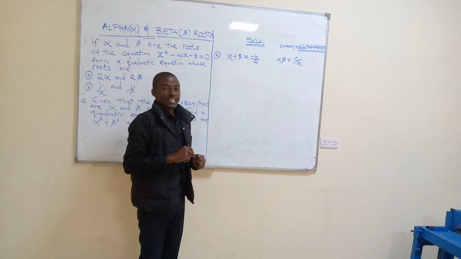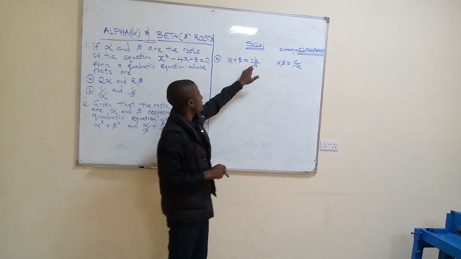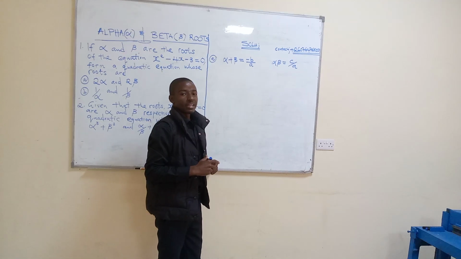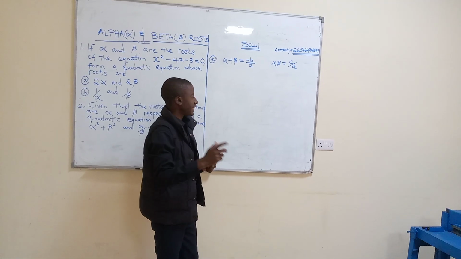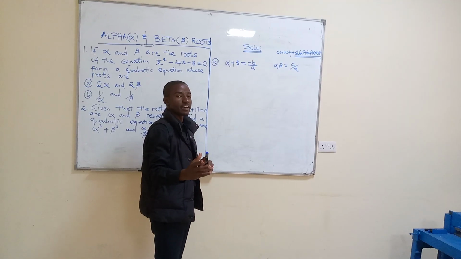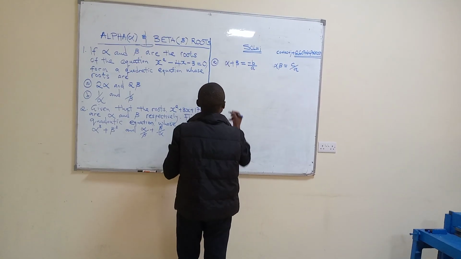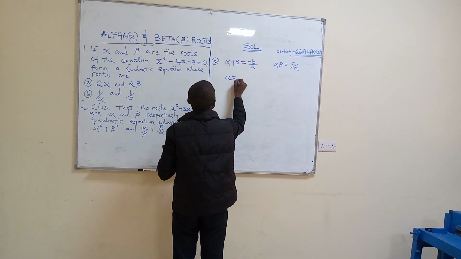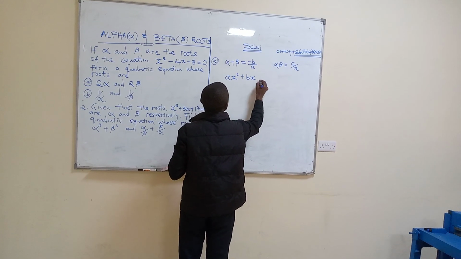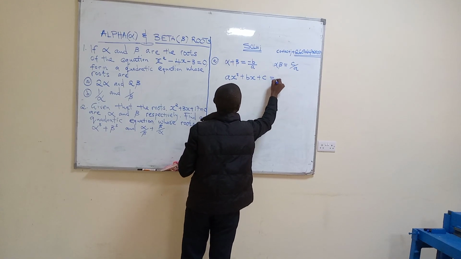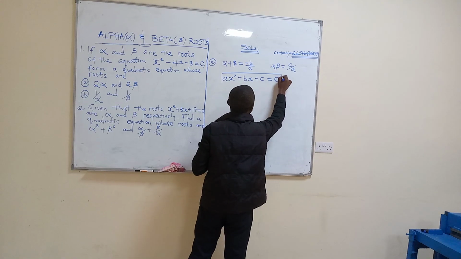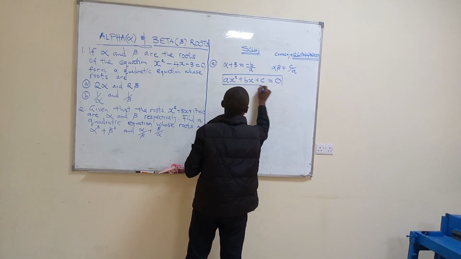Now, you have to obtain these values a, b, c from the quadratic equation that you have been given. But let me just write the standard form, which is ax squared plus bx plus c is equal to 0. So this is the quadratic form that you are going to abide by.